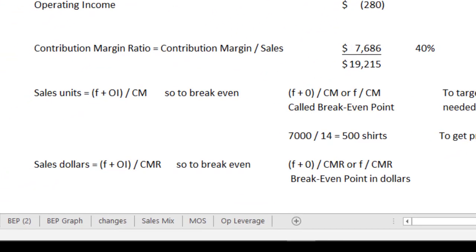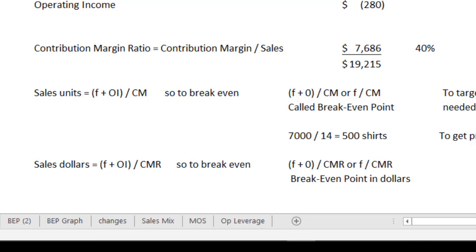Sometimes managers want to determine the break-even point in the amount of sales dollars instead of the amount of units they need to sell. So in the case for Margie, maybe she wants to know how much sales in dollars she needs to have in her cash register, or her bank account from sales. We just change the contribution margin to the contribution margin ratio.